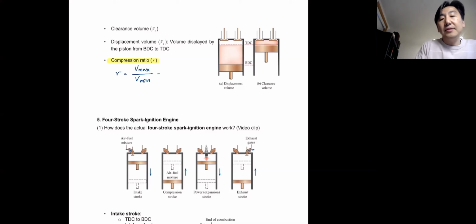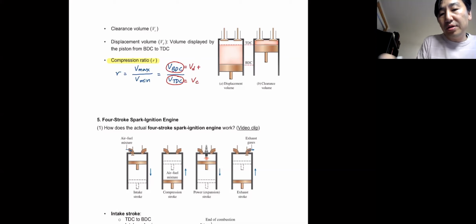In that case, your V maximum of that type of cylinder piston assembly is V of BDC, and V minimum is V of TDC. You know that this is the clearance volume, and the maximum volume is the displacement volume summed with the clearance volume.